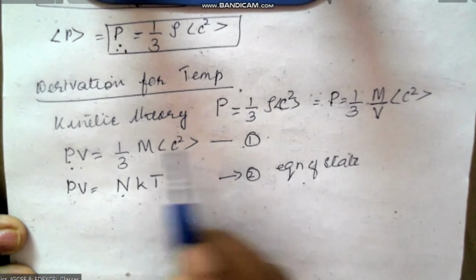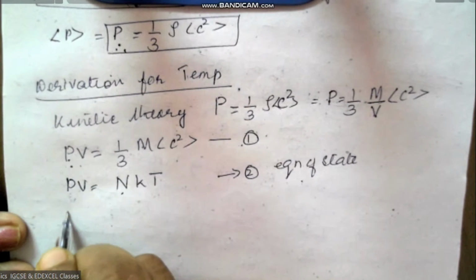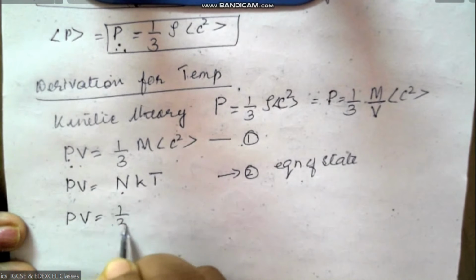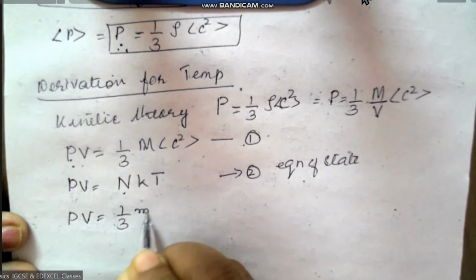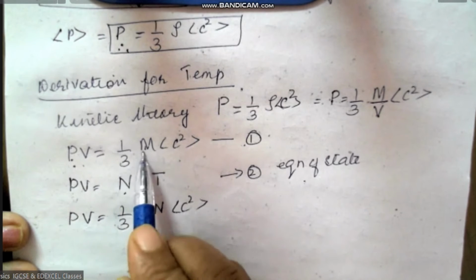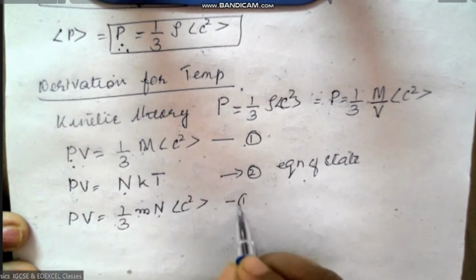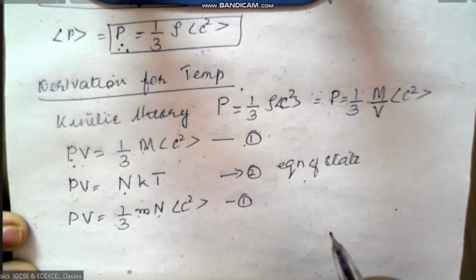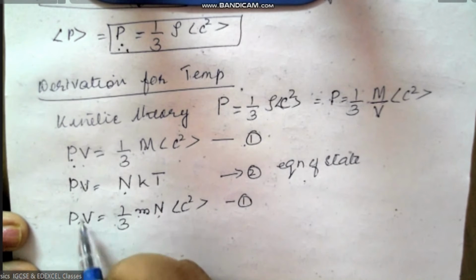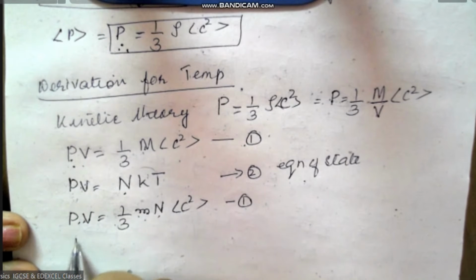This is the kinetic theory equation. Now this capital M can be replaced: PV is equal to 1/3 small m capital N into c square, since capital M is equal to small m into N. This is also equation 1 you can write. Now the LHS are equal, so these two are also equal. So from equation 1 and equation 2, what do you get?